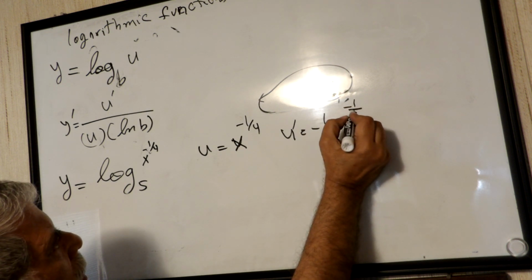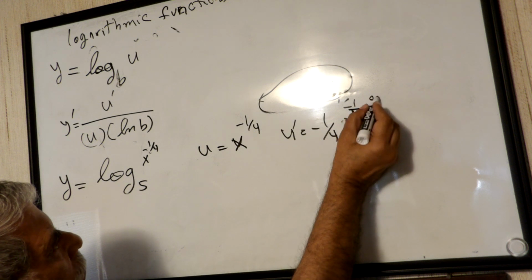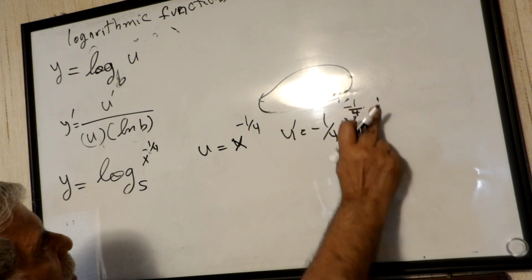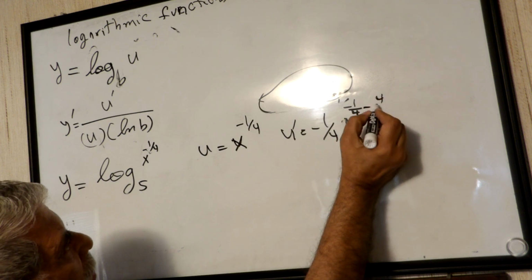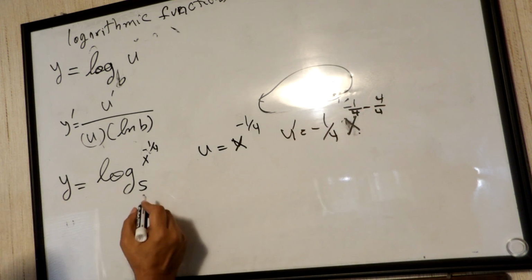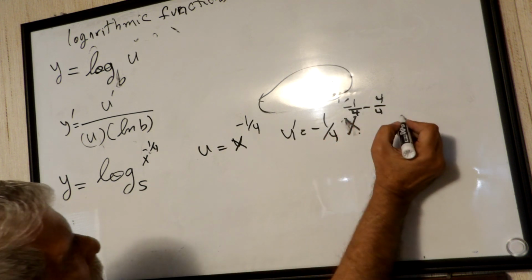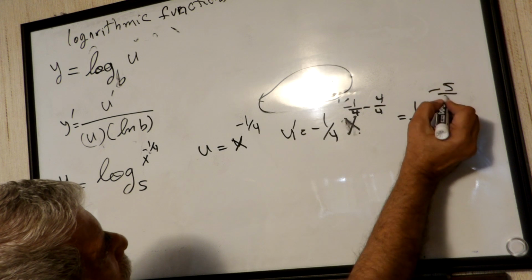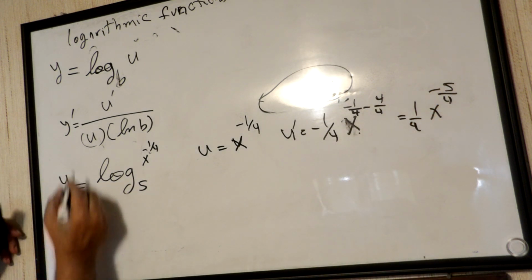We can write 1 over 4 minus 4 over 4, which is minus 3 over 4. So it's going to be 1 over 4 times x to the power of minus 3 over 4.